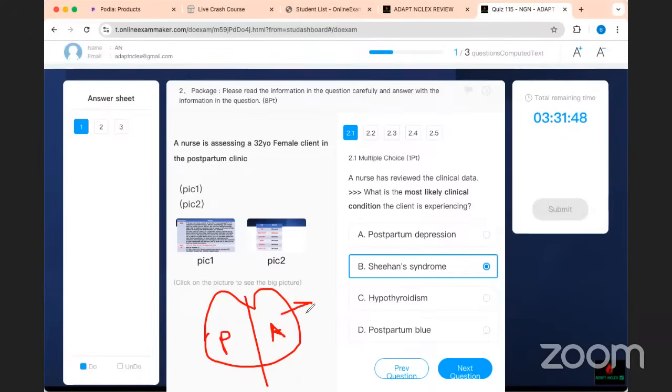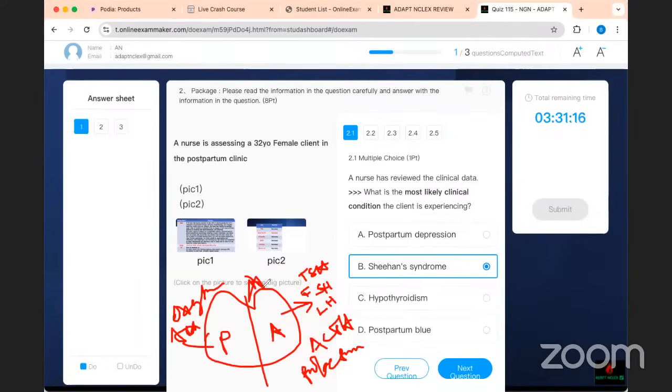It affects the anterior pituitary, which is responsible for TSH, FSH, LH, ACTH, and prolactin. The posterior has pitocin and ADH. It affects just the anterior.